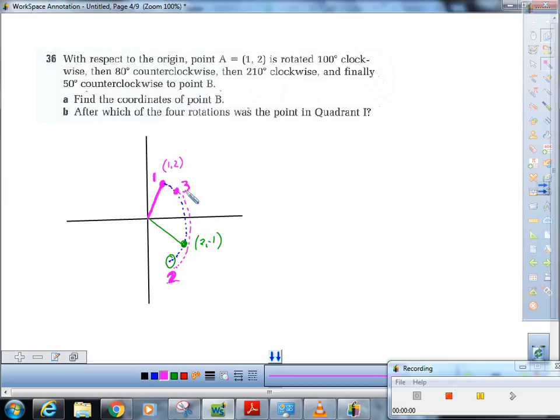Then it rotates 210 degrees clockwise. Okay, so let's see. 210. Well, that's 30 more than 180, right? This one right here was 20.